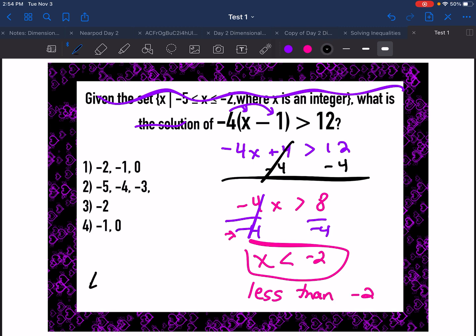You can always draw a number line to help you out. -2, and then to the left you have -3, -4, to the right -1 and 0. Put my circle on -2. It is open because there is no line underneath my inequality symbol, so that means -2 is not an answer. So that, again, gets rid of that choice there. And I'm looking for numbers that are less, so I shade to the left. So what would be my answer? Choice 2, because those numbers are less than -2.